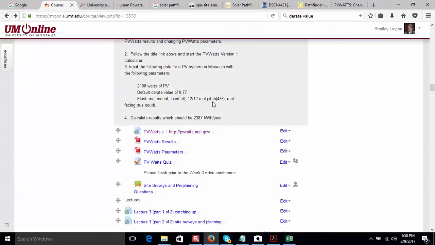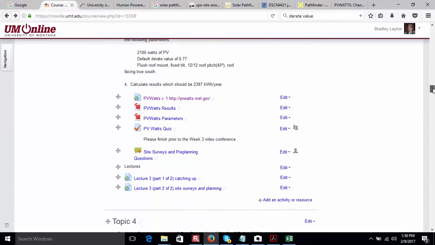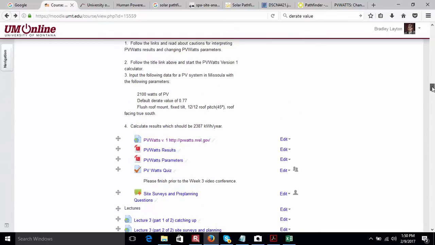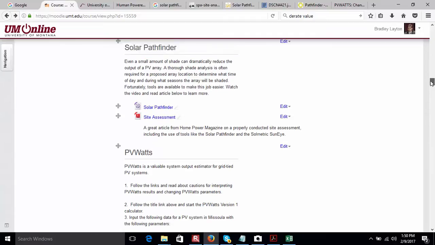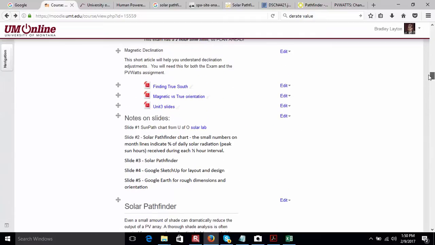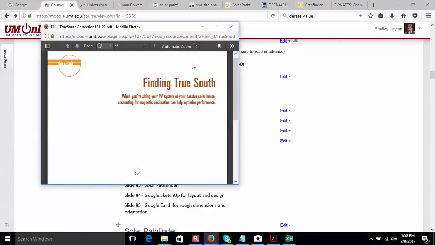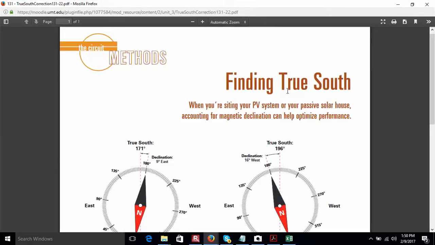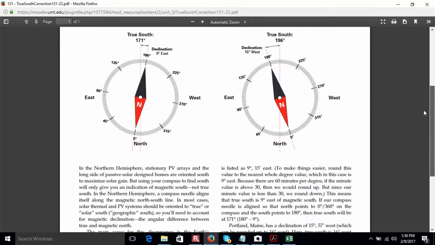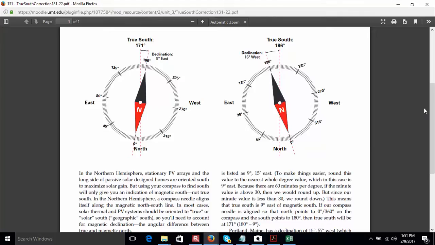We can play around with the roof pitch. So that's pretty much all there is to week 3. Oh, we didn't find true south yet, though. There's a little gizmo on there, but actually, we can just go look it up.